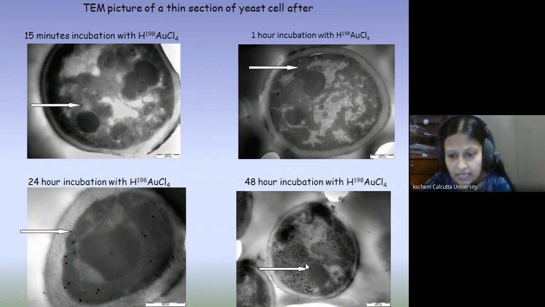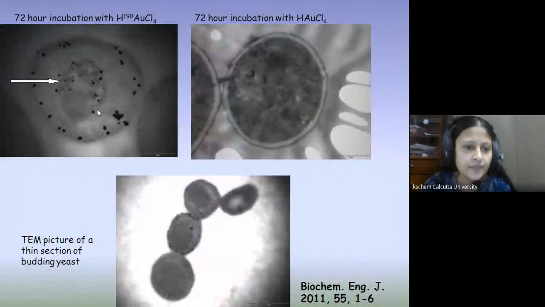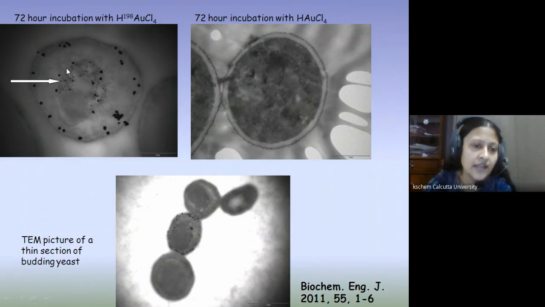After 48 hours there were more number of particles, and after 72 hours there were even more number of particles with larger size, and we could see that the particles aggregated inside the nucleolus of the cell, in contrast to the stable gold solution which migrated inside the cell but did not form the nanoparticles.